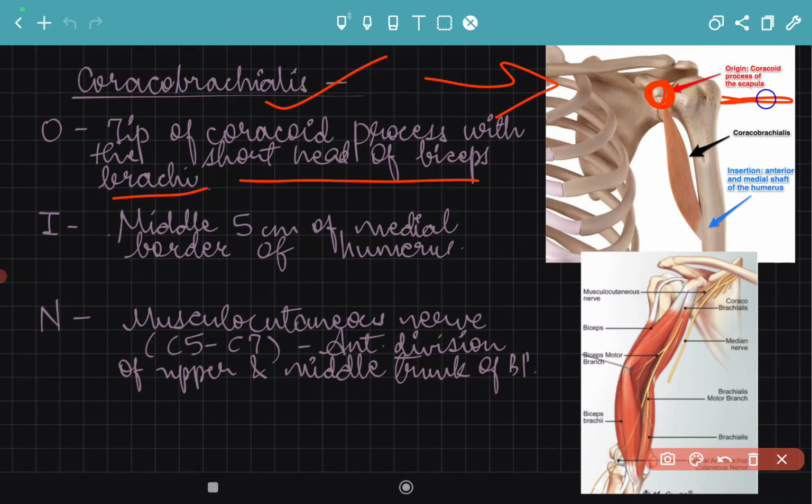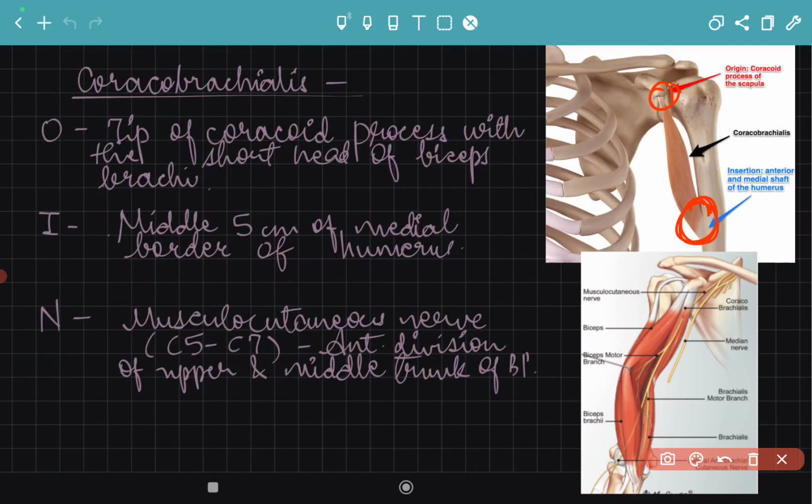It inserts on the humerus, at the middle 5 centimeter of the medial border of the humerus on the anteromedial side. So it comes from the tip of the coracoid process to the medial border of the humerus, in the middle part or middle shaft of the humerus.